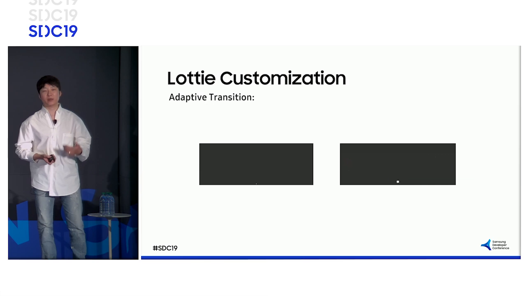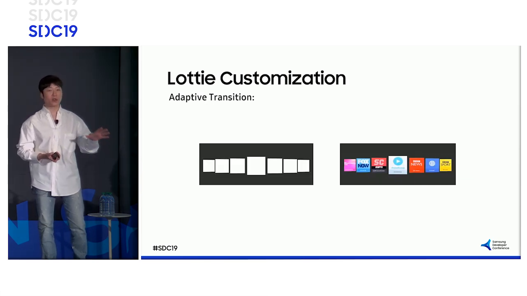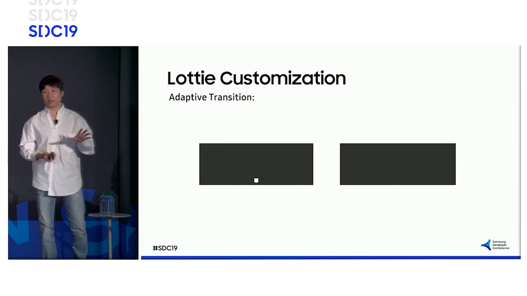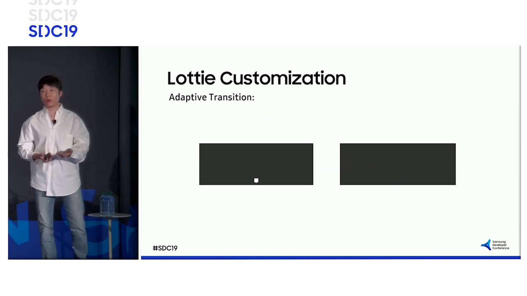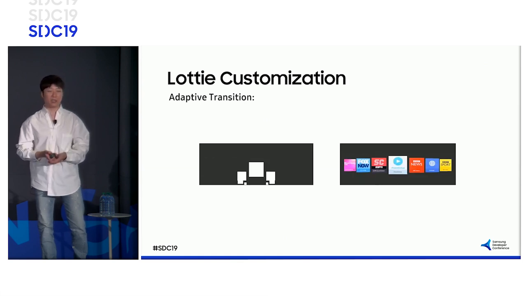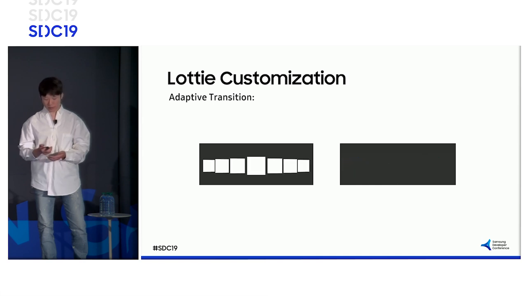Clearly, we can apply adaptive transition for this kind of transition effect as well. Left is the original Lottie animation, and right is the application binding the view or image onto the Lottie shape node at runtime. As you can see, the right side shows the Lottie animation effect.